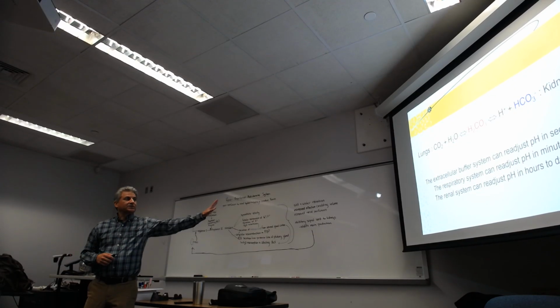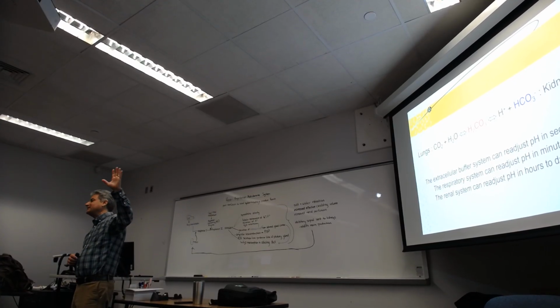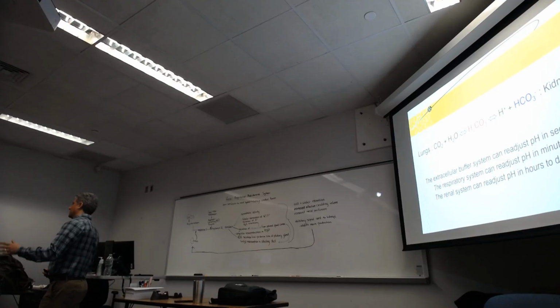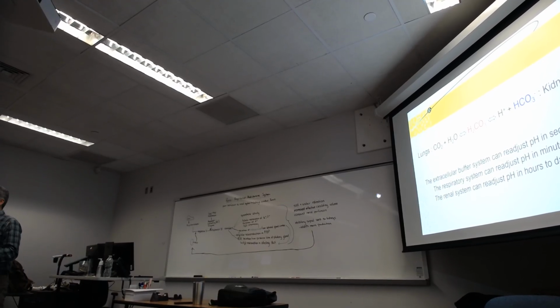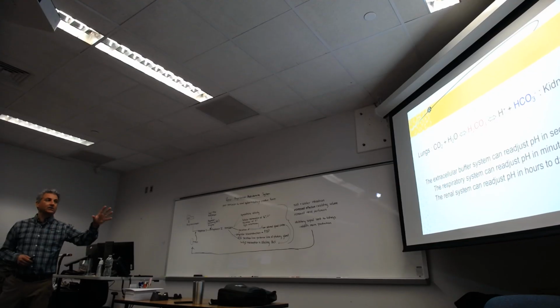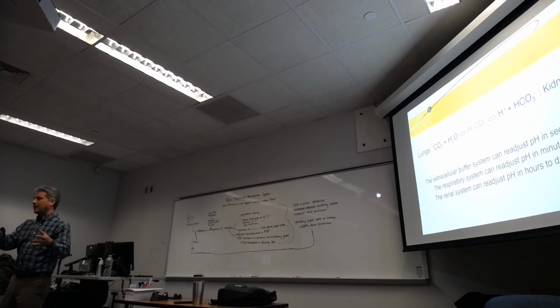So the respiratory system adjusts in minutes on one side of it, but the kidneys can't just get rid of a whole mess of hydrogen ions and create bicarb in a short amount of time. And so it takes a longer time for the kidneys to react on the other side. Typically we call the lung side of things the respiratory side, and the other side the metabolic side.